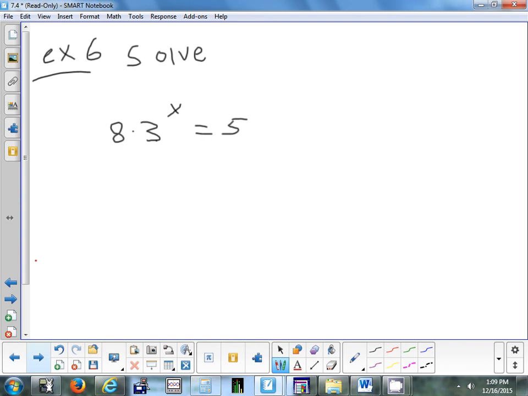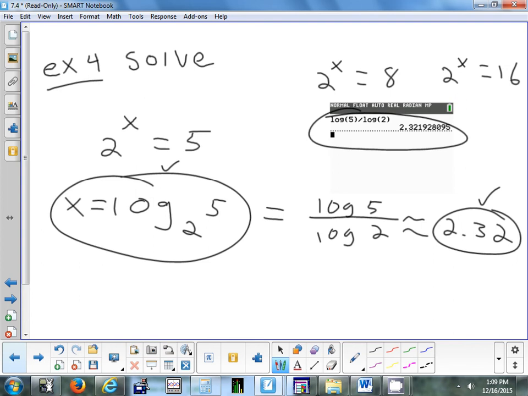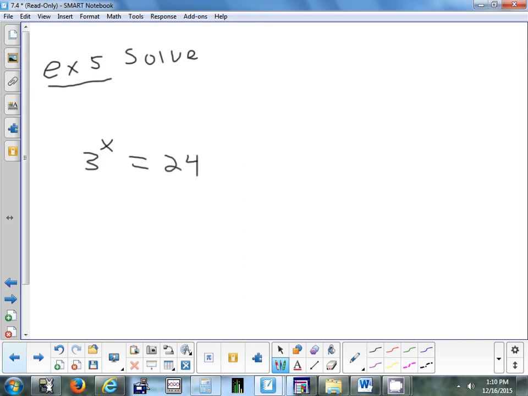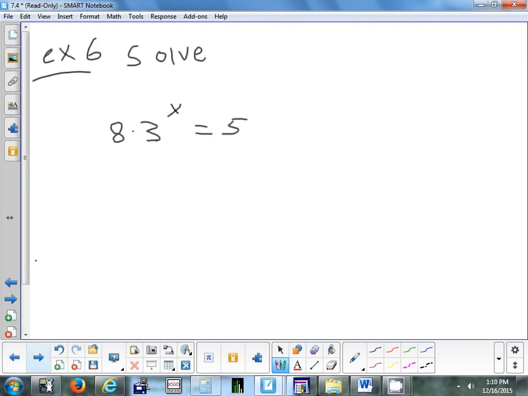All right. What's different about example 6 compared to example 5 and example 4? There's an 8. Yeah. If you want to change this to log form, you have to have the number with the variable by itself. Get that by itself. So how would I get this 8 on the other side?